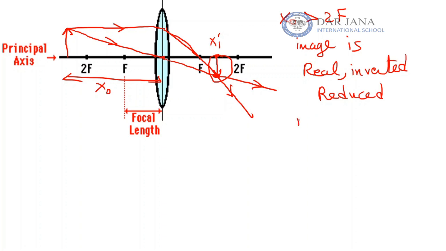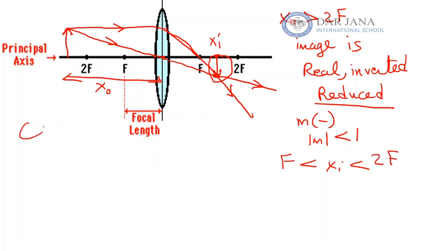So the magnification is negative. The absolute value of the magnification is less than 1 since it is reduced, and the image is between F and 2F. So that's case 1.